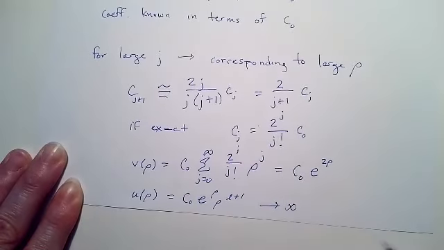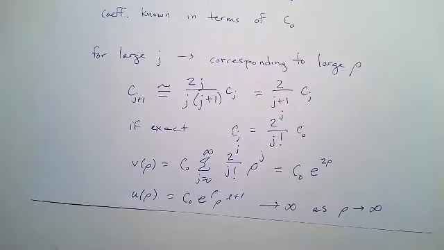And that heads towards infinity as rho gets large, right? So if that heads towards infinity as rho gets large, that's exactly what we did not want. We were trying to make this behave itself at large distances.